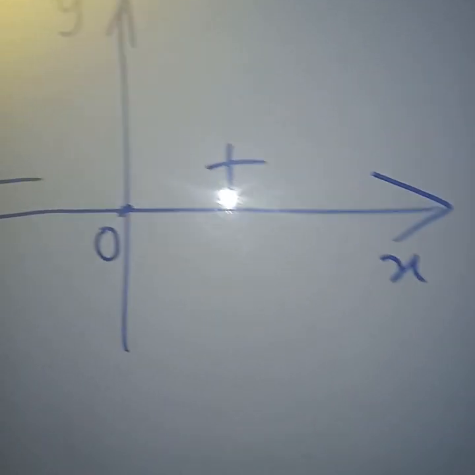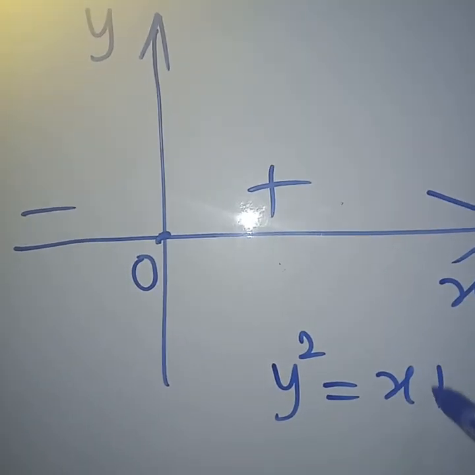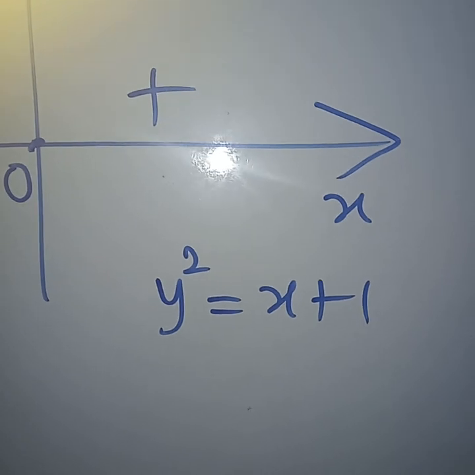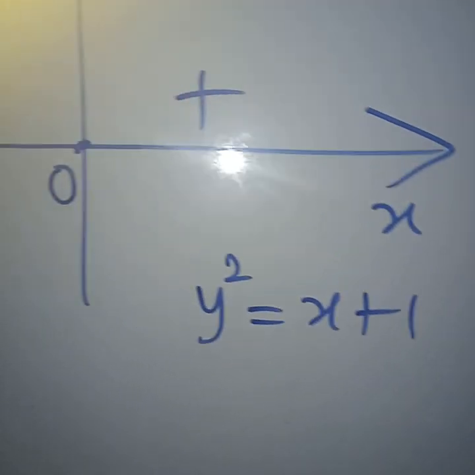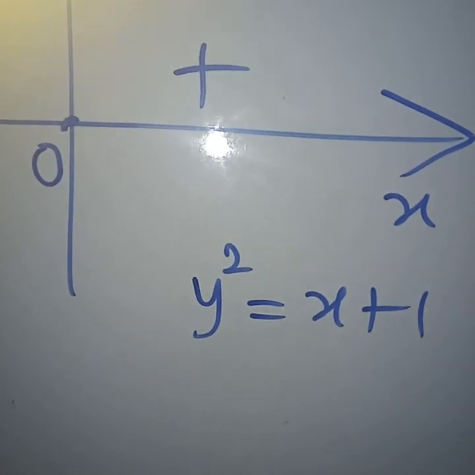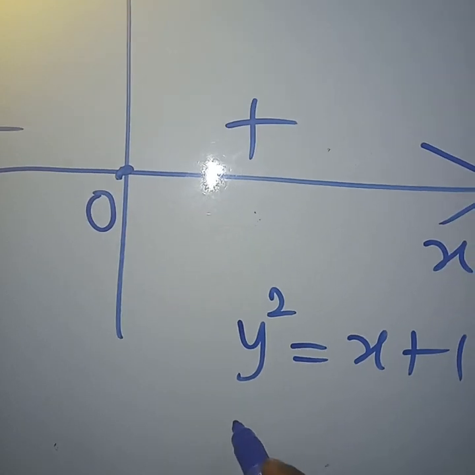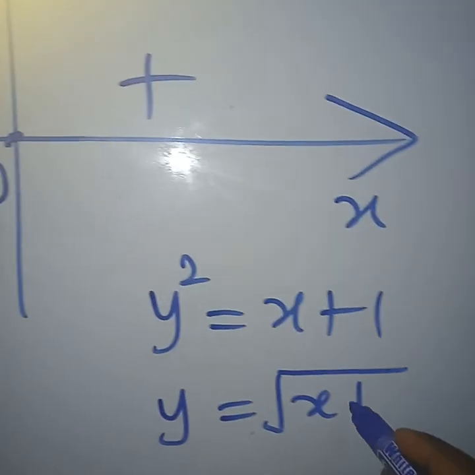Another example is the equation y squared equal to x plus 1. Again, we want to know whether this equation is a function or not. Before we do that, we'll write this equation as y equal to the square root of x plus 1.